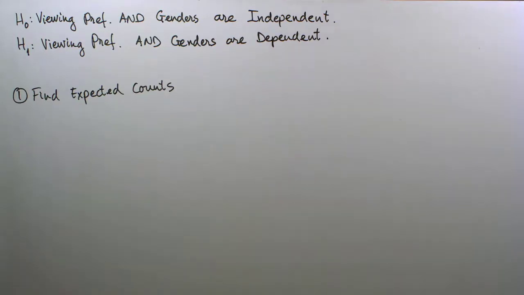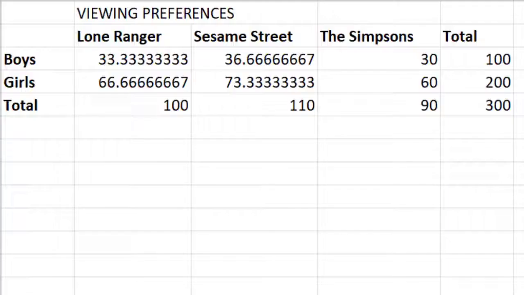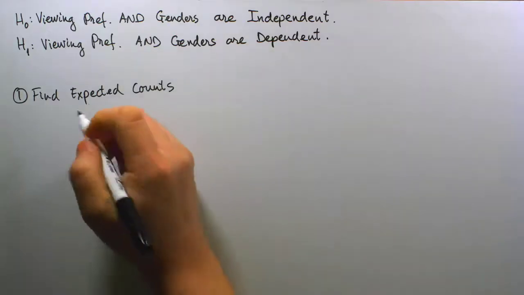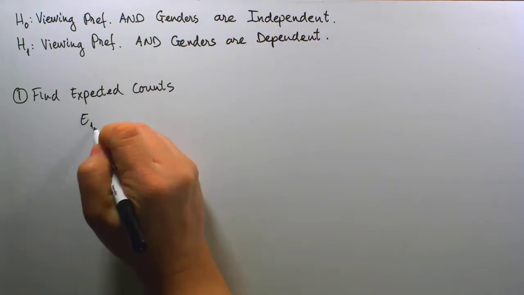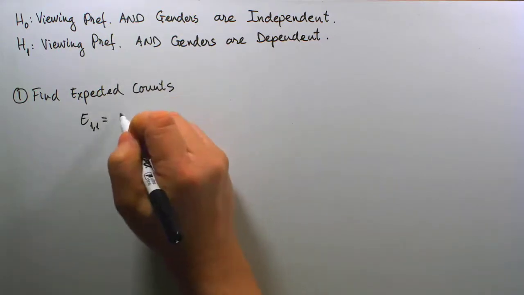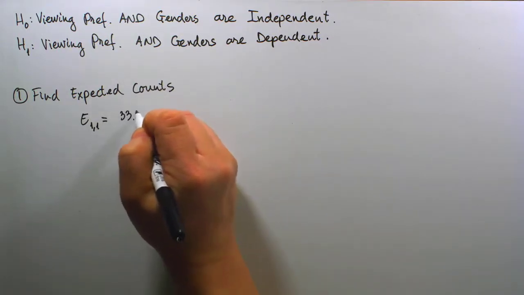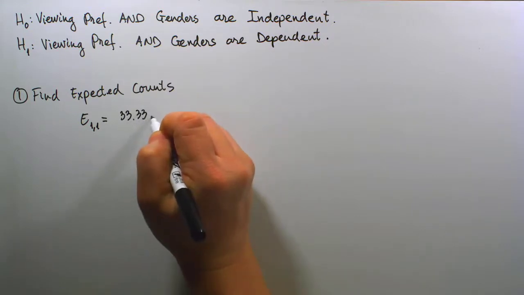Again, let me swing back to the computer screen to show all of the expected counts that we have calculated. The expected count for entry row 1, column 1 is 33.3333 and a lot longer.